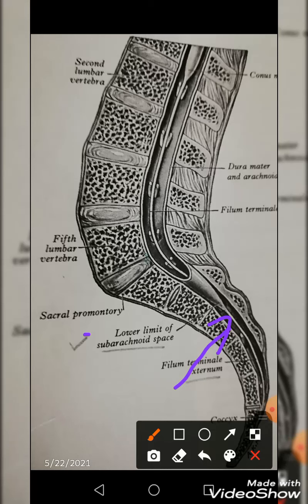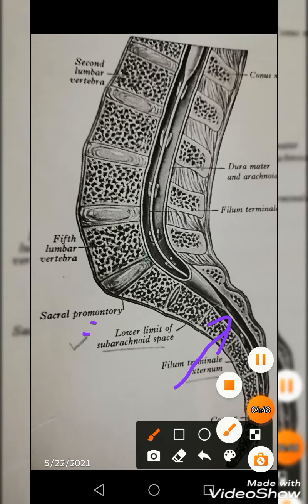Just 5 centimeters, right? It fuses with the investing dura mater, and it extends inferiorly after leaving the sacral hiatus. It joins to the periosteum of the first segment of the coccyx, right? And the central canal continues into the filum up to 5 to 6 mm, right?